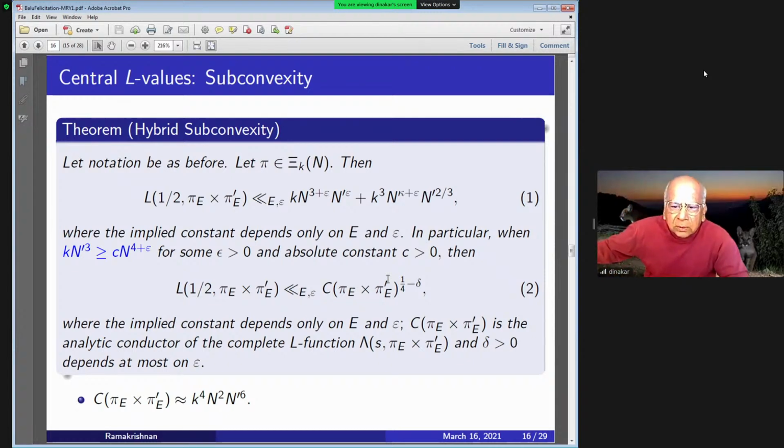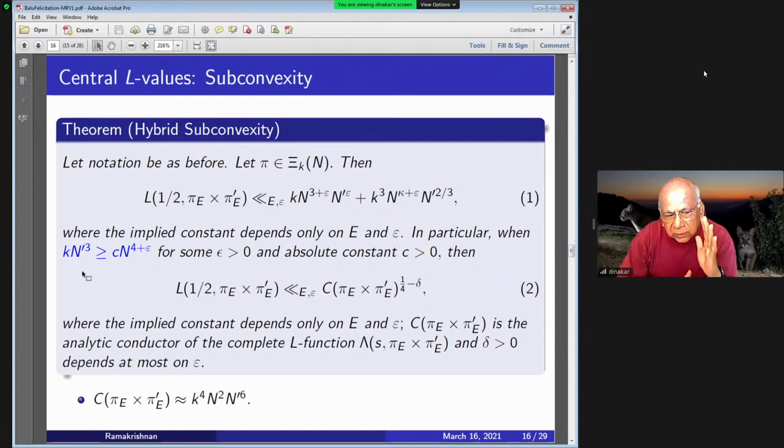But anyway, to get subconvexity, it's important here that k times n prime cubed is at least c times n to the 4th plus epsilon. So if you're in this restricted range, so we're not doing it arbitrarily, that's why we call it hybrid subconvexity.